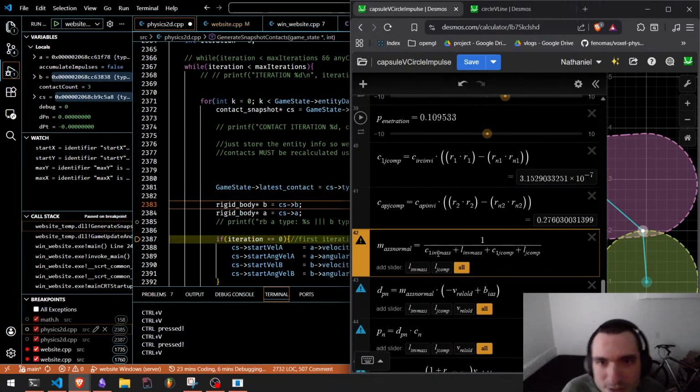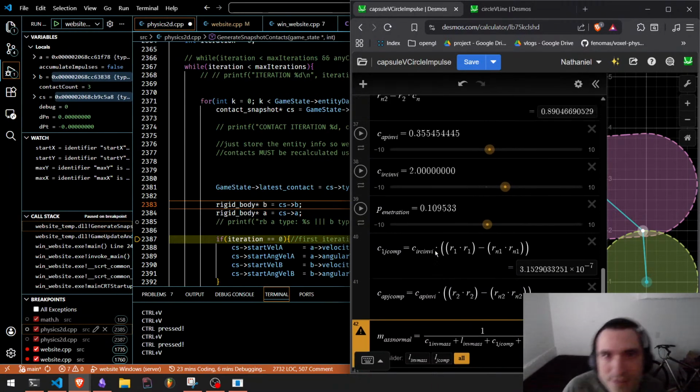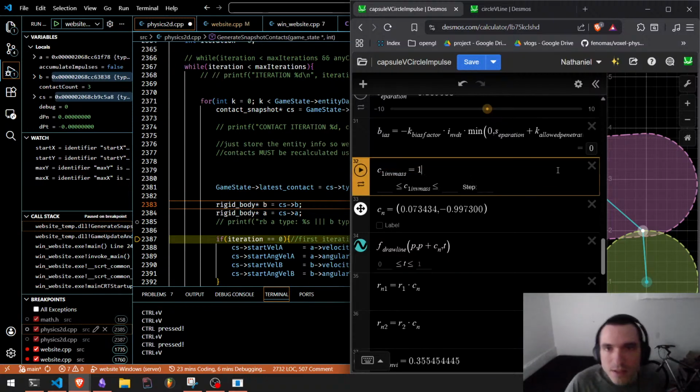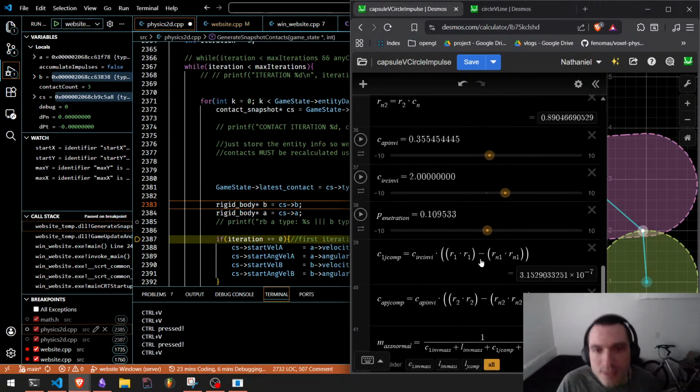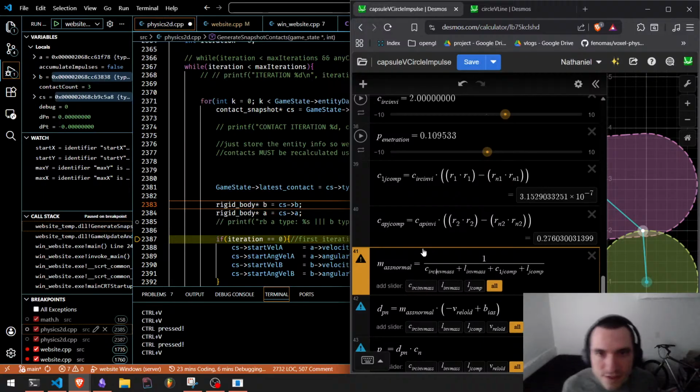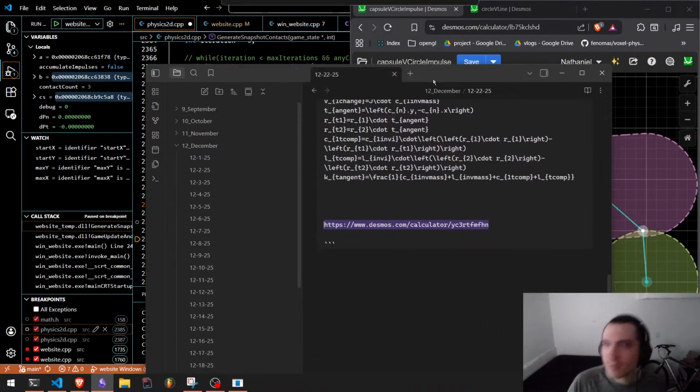Mass normal. Circ inverse mass. Plug that in, as well as the cap inverse mass. Let's copy those over. Need to make a note to just make a bunch of notes to myself.